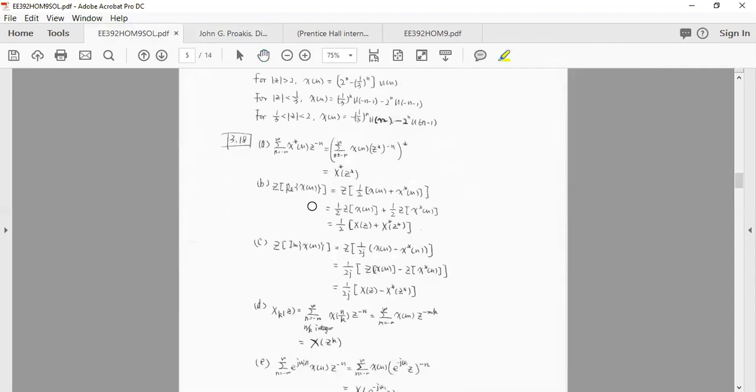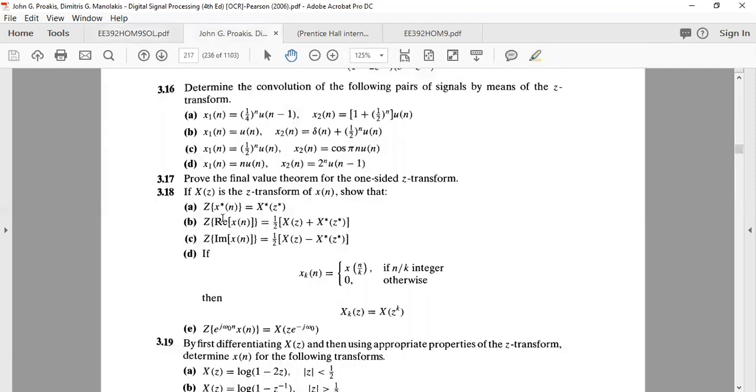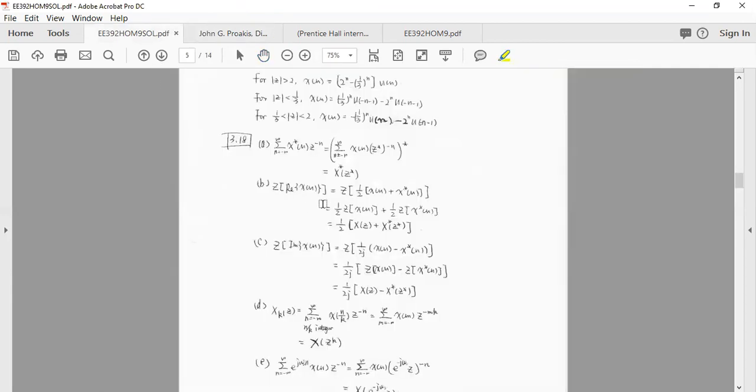Again, for the signal, going back over here, this is the transform of the real part of a signal: x of n is equal to half into x of z plus x conjugate of z conjugate, right? This is what we get over here. Again, like I said, in this particular case, what we can do is perform the z transform of this signal, right?